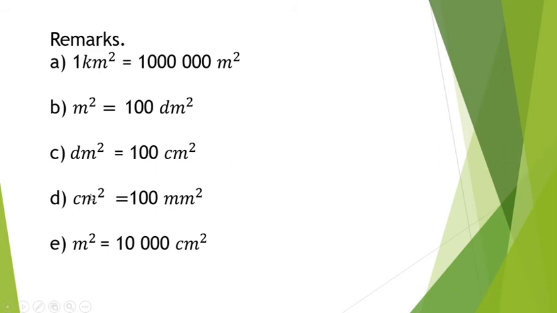Square centimeter equals how many square millimeters? 100 square millimeters. Square meter equals how many square centimeters? Square meter equals 10,000 square centimeters. And again, to convert from great unit into small unit, you have to multiply. To convert from small unit into great unit, you have to divide.